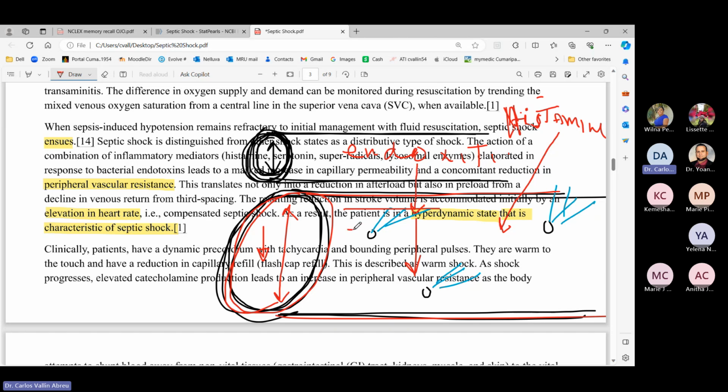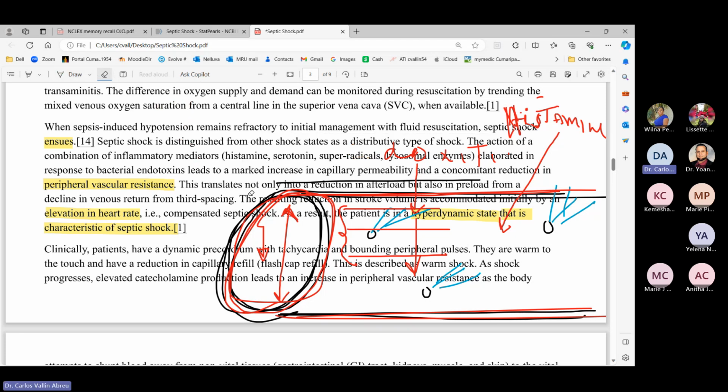Sepsis, anaphylaxis, and the neurogenic shock that we see in spinal cord injury are three representatives of the distributive form of shock, in which the blood pressure drops, not because we have hypovolemia, the volemia is normal, not because the heart is failing, the heart is okay, it's not obstructed, it's because of massive vasodilation of all the arteries of the body producing hypotension.